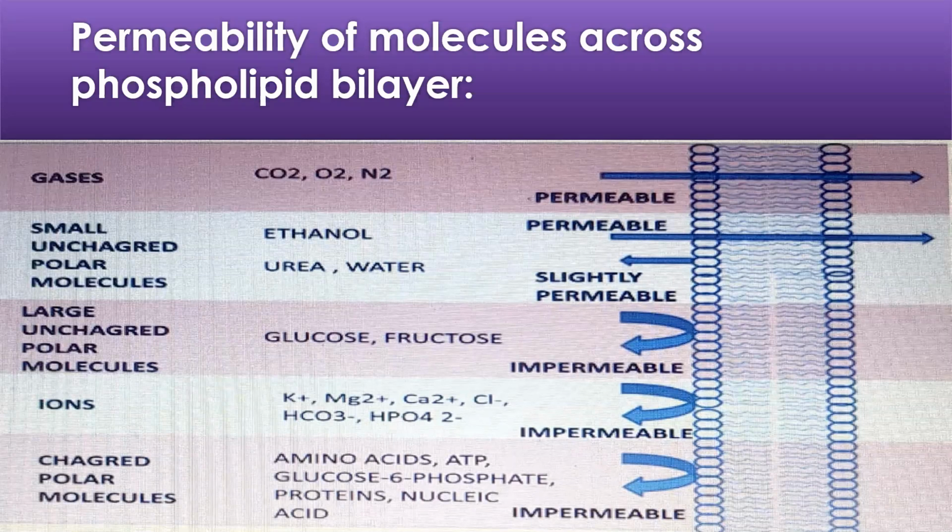Even within the cell, we have different ion concentrations between the cytosol and the organelles. For example, lysosomes have a higher concentration of protons, H positive ions, varying from the cytosol by 100 to 1,000 times.